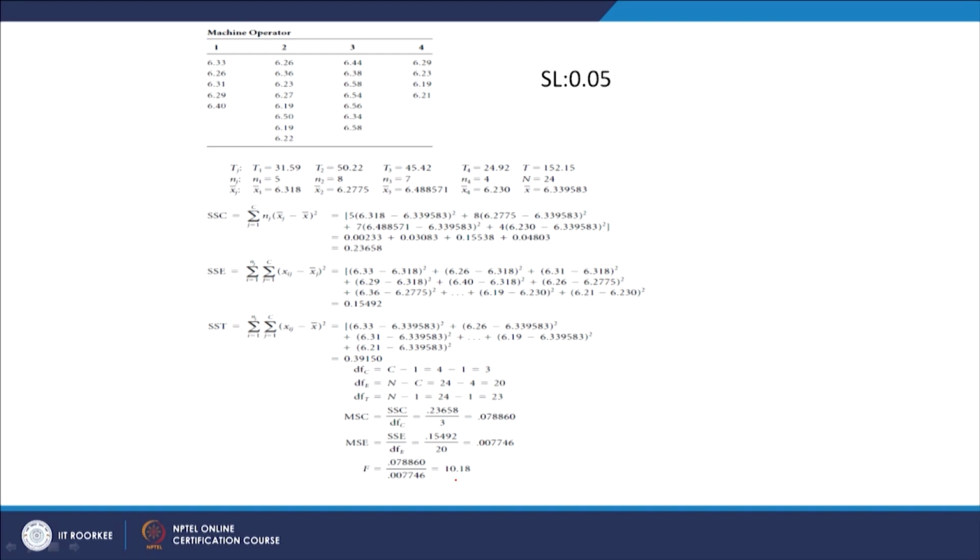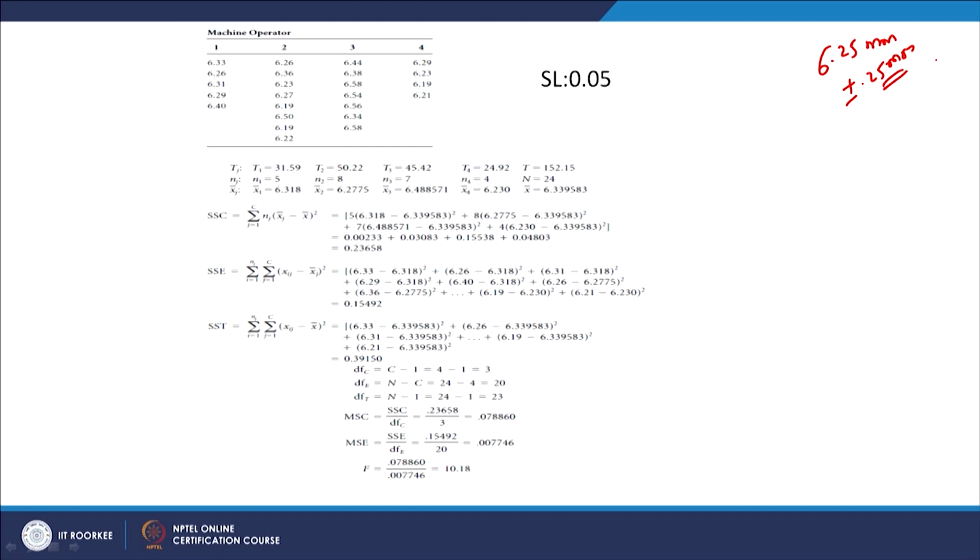In a machine shop, there are 4 operators who are drilling on an aluminum plate, and they have to drill a hole of diameter 6.25 mm plus minus 0.25 mm.